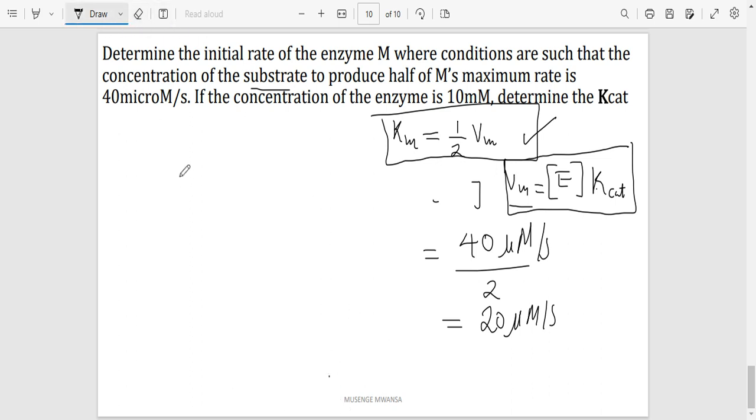So to find Kcat, we are saying Vmax is going to be equal to the concentration of the enzyme multiplied by Kcat.